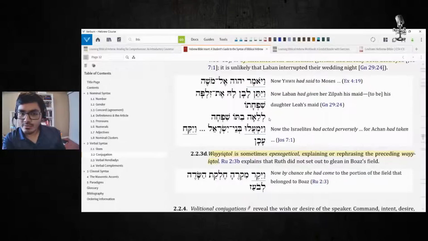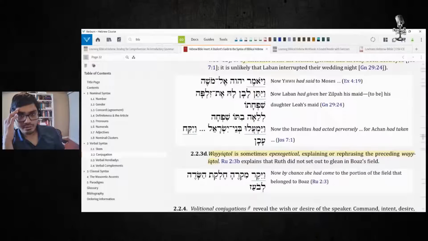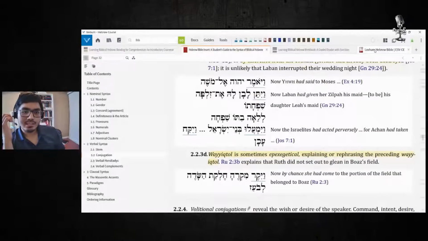Genesis 29, verse 24, it says, Vaiten Lavan la et Zilpa shifchato le Leah bito shifcha. Now, Laban had given Zilpah, his maid, to be his daughter Leah's maid. This is something that didn't happen right at that point, but had happened at some point in the unspecified past, and the author is inserting it at this point in order to explain that this is the case.